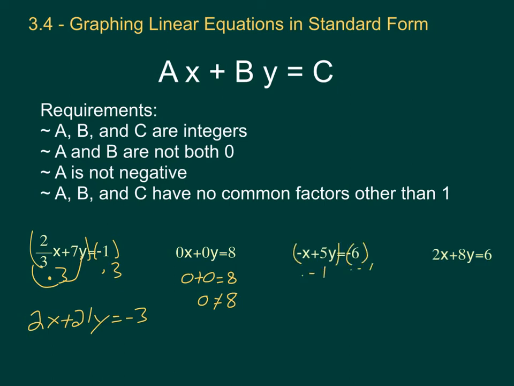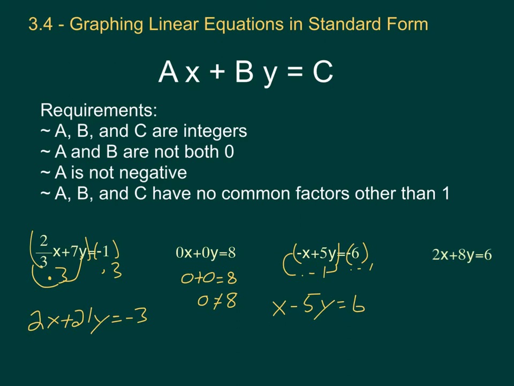Just like before, when I multiply by a negative, or multiply by anything on the left side, I'm going to distribute it to both the x and the 5y. So that's going to turn it into a positive x minus 5y, and -6 times -1 is positive 6. So now that's, again, the same equation as what I started with, but it's actually in true standard form.